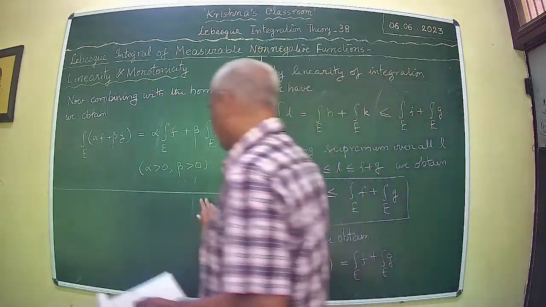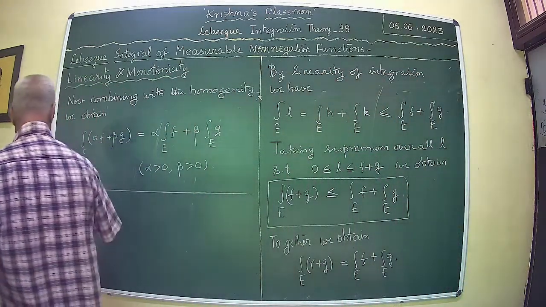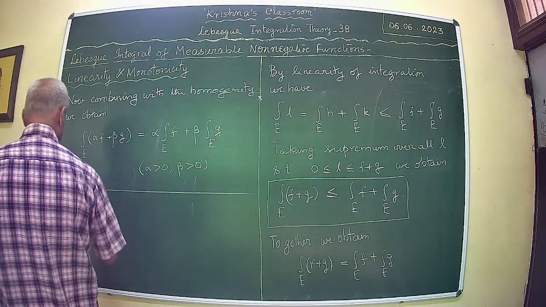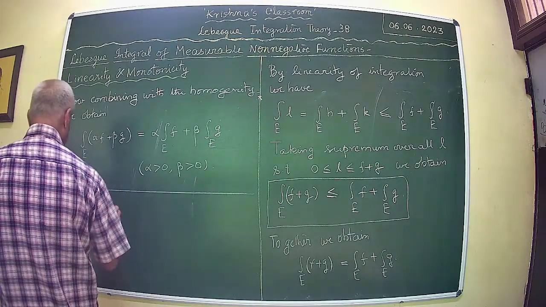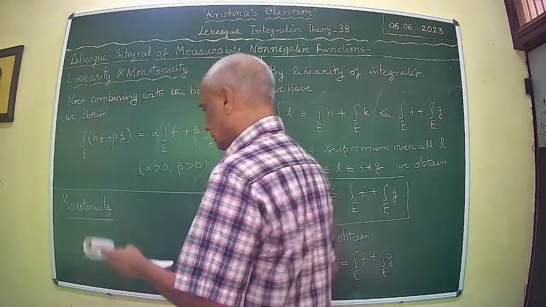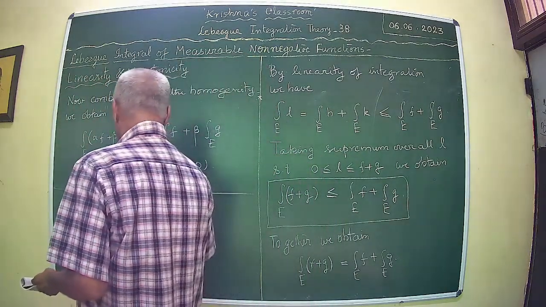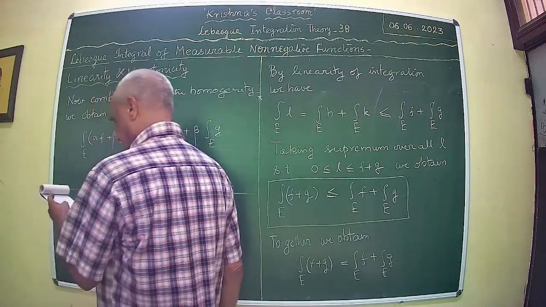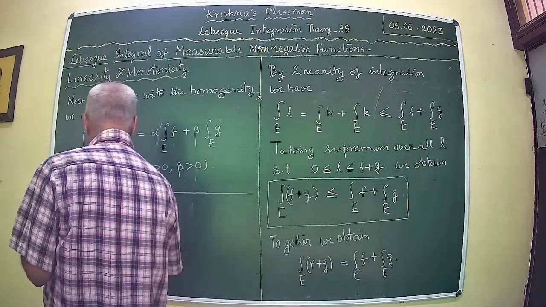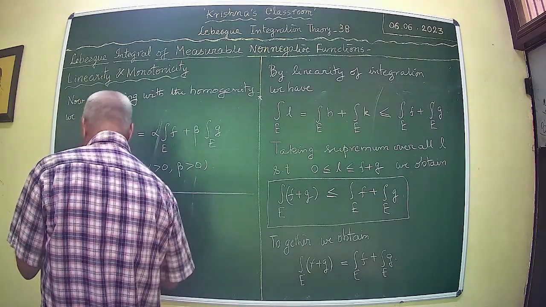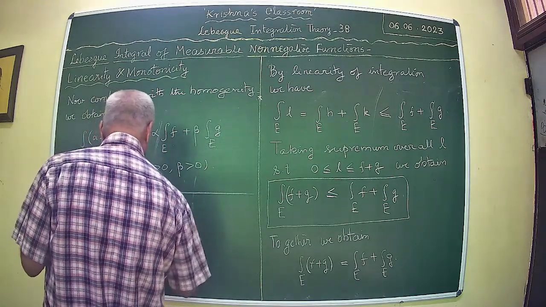Now we prove the monotonicity. That's pretty easy to prove because suppose f is less than or equal to g.